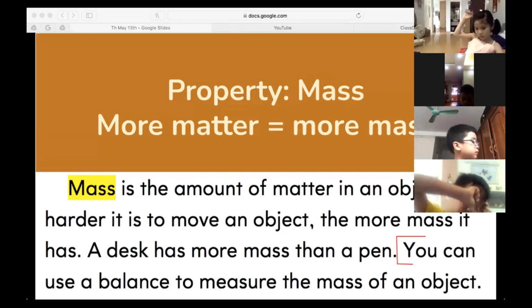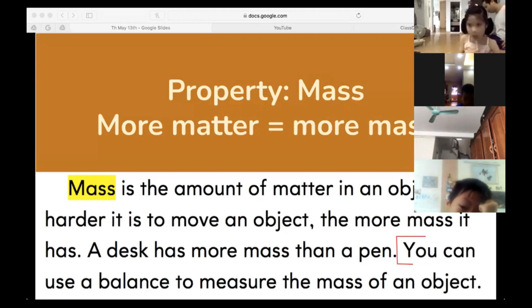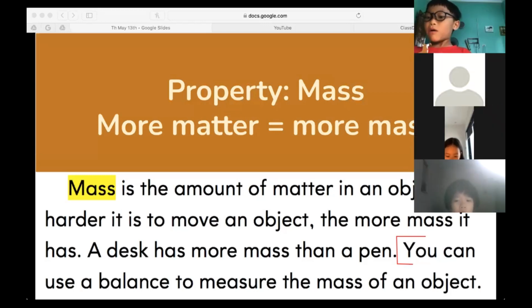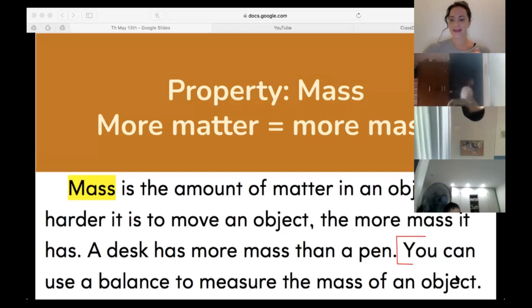The side that goes down is bigger and has many things in it. So it has more. It's heavy, so it goes down, and if it's not heavy, it goes up. Very good. So does that mean it has more mass or less mass? More mass? Very good. Exactly. Excellent job, Milk. Great memory.